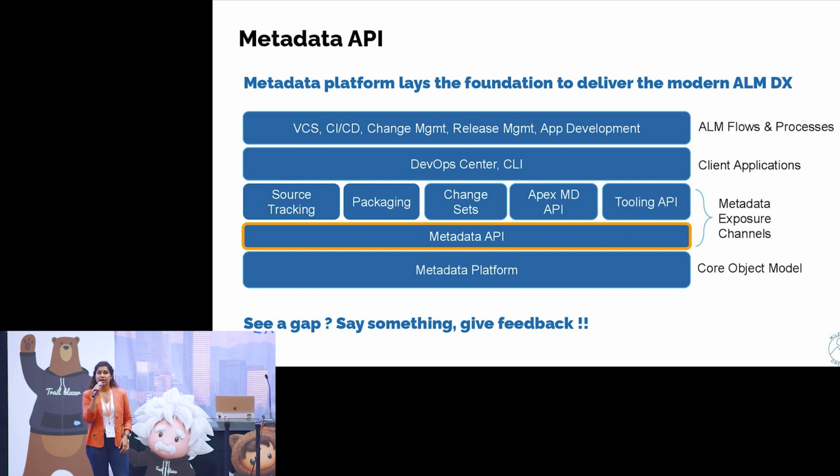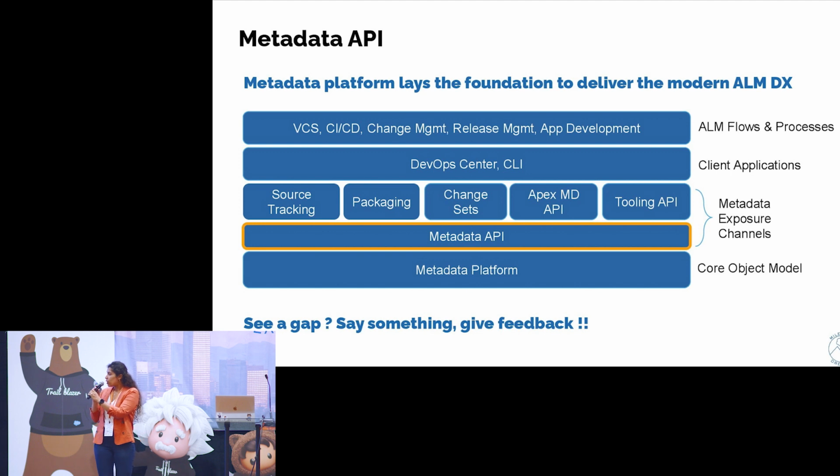So the API serves as the backbone for all of these features, and these features under the hood are actually using the deploy and retrieve services of the API. And underneath this metadata API is the internal server-side model, which is called the metadata platform. My teams are focused on developing this metadata platform and the API and its related services.